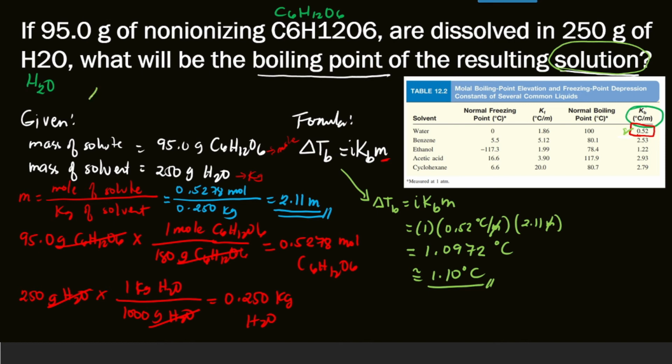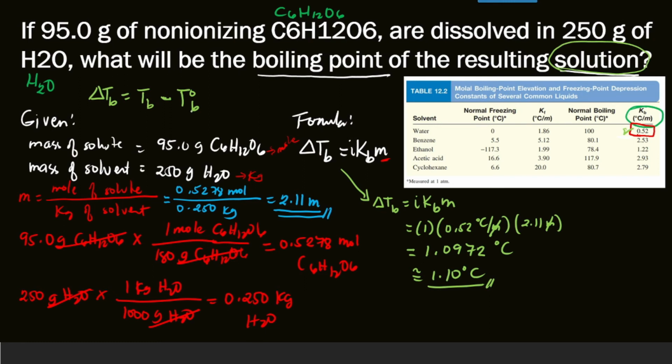So we will use this formula to get the boiling point of the solution. If this is your boiling point elevation, which is 1.10 degrees Celsius, this Tb is the boiling point of our solution, right?